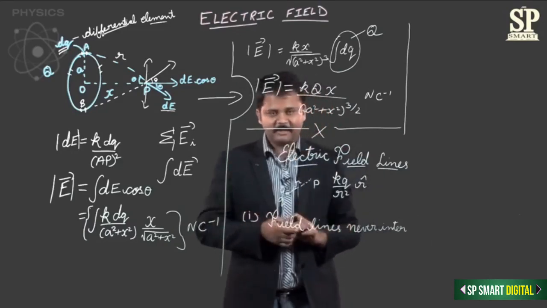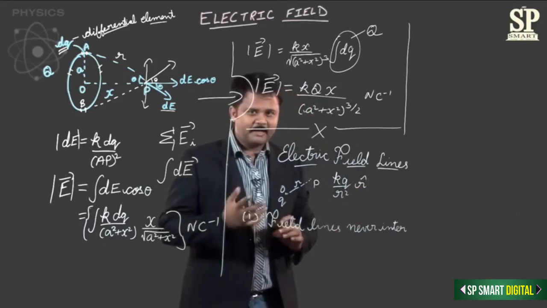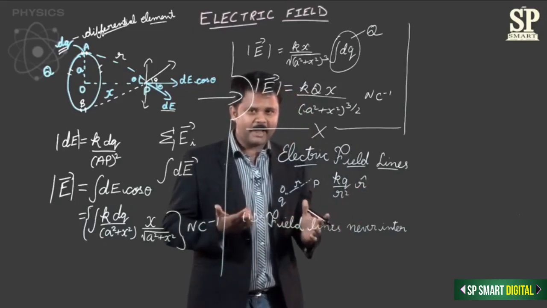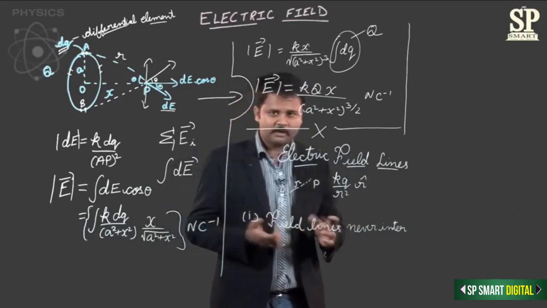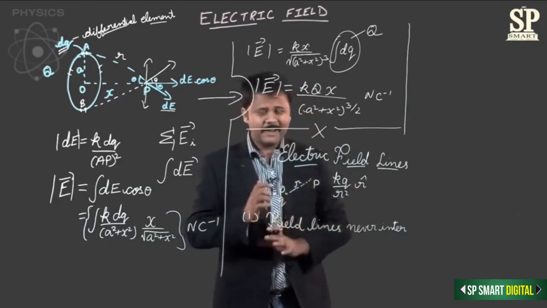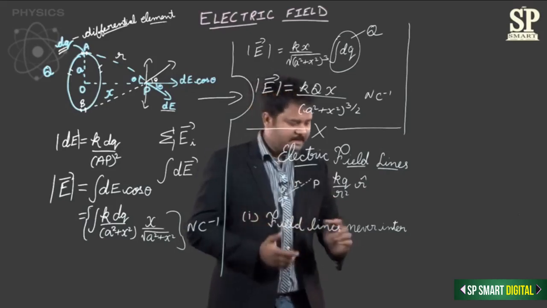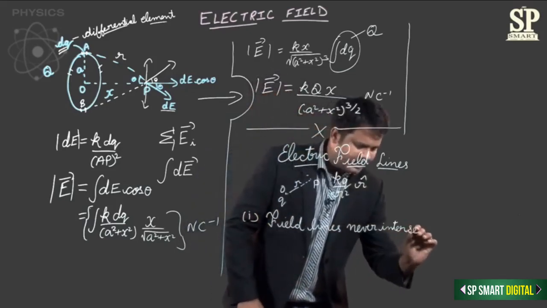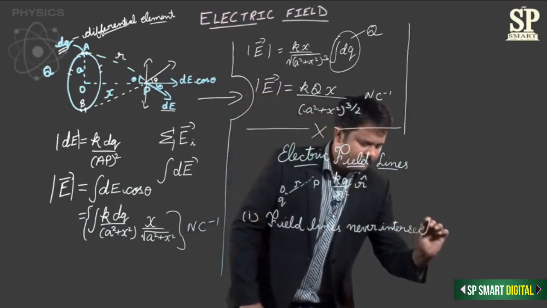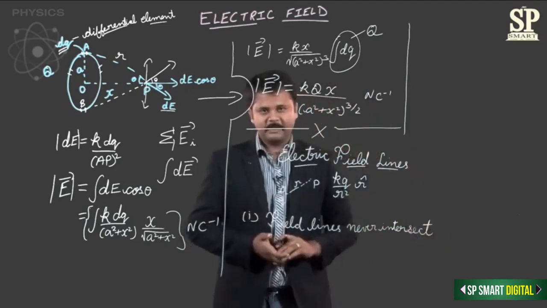So can it happen that at a particular point the electric field is given by two directions? Of course not, and hence we will see that whenever we draw these electric field lines, they never intersect each other. So this is one of the key characteristics to note whether the lines that I've drawn represent an electric field or not.